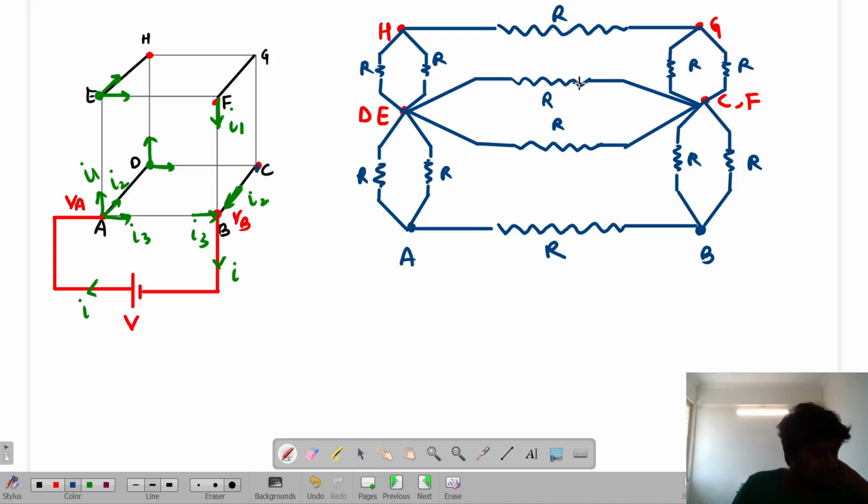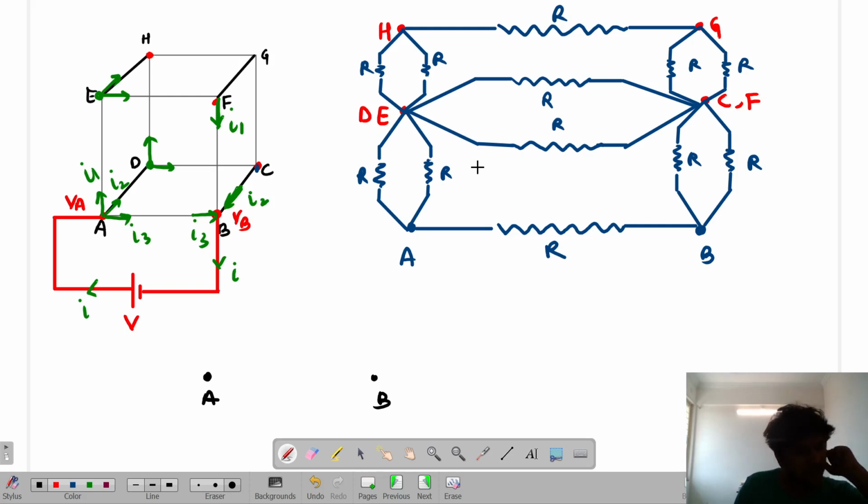Yeah, got it. So basically, the point is, let us mark now A and B. So the first circuit is 4R by 2, isn't it?